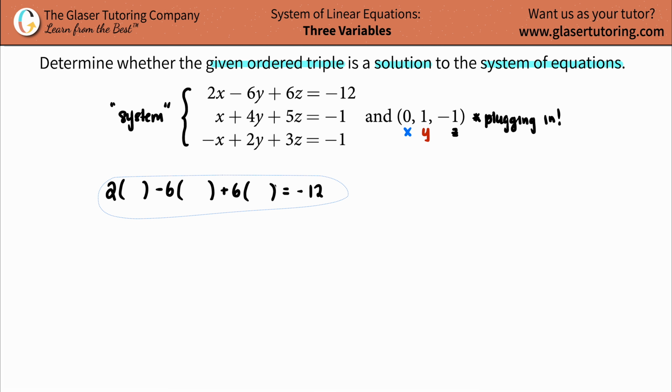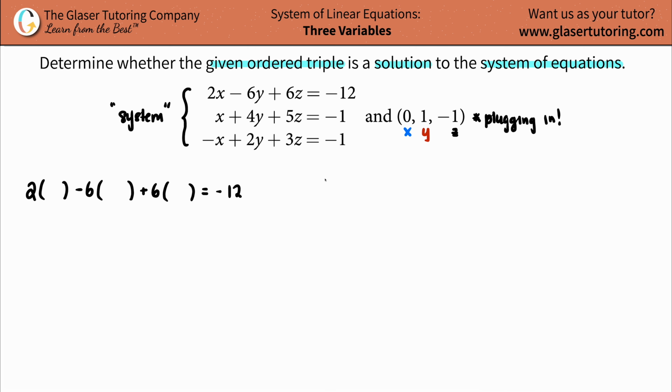Let's do this for all three of them. In this case, we have an x value of 0. That's my x value. I have a y value of 1, so I'm going to be plugging in a 1 here. And then I have a negative 1 for z. The z goes after this, so that's just negative 1.